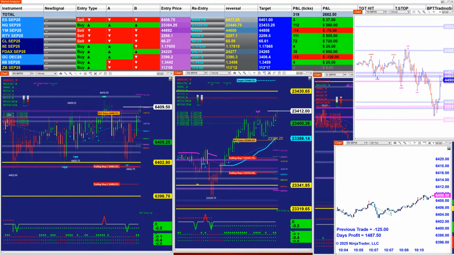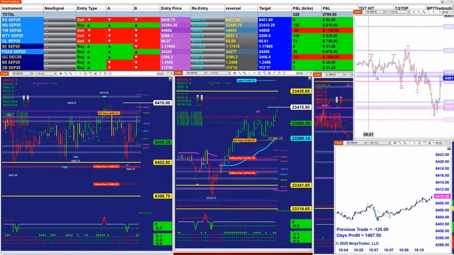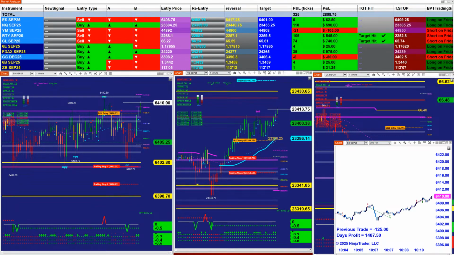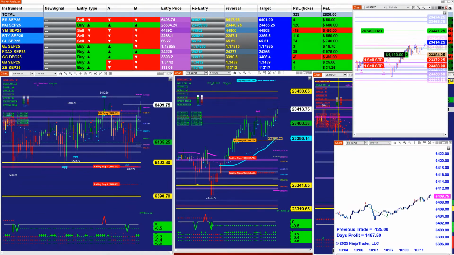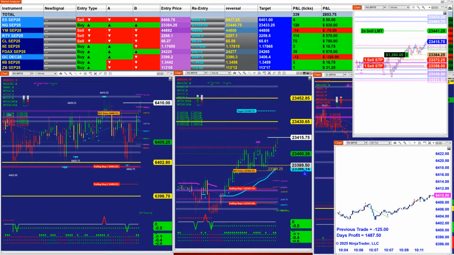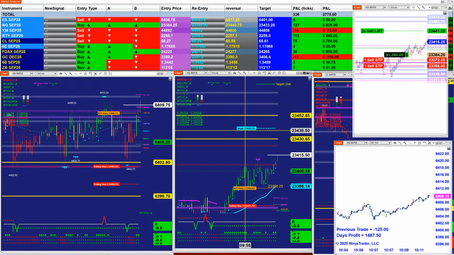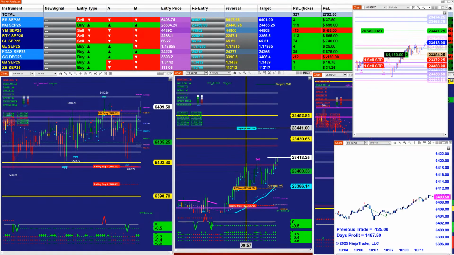So this is really important to understand what's going on. So right now, the Nasdaq is starting to take off because the ES starts taking off, and now we start paying off your Nasdaq for going long. So now the Nasdaq is about to take off, and the destination, the first target, is 23,441.